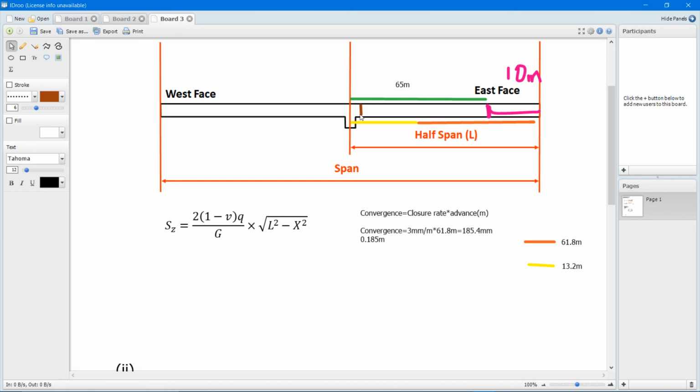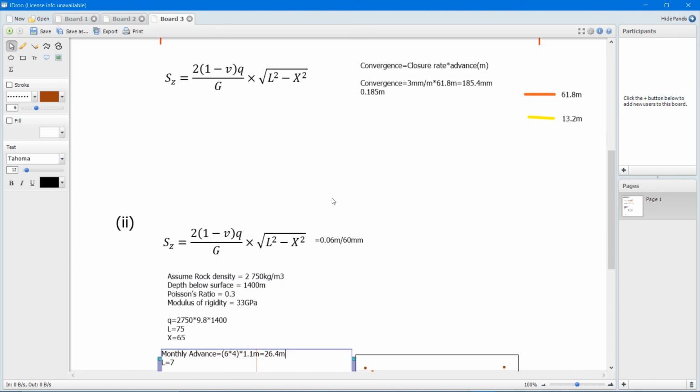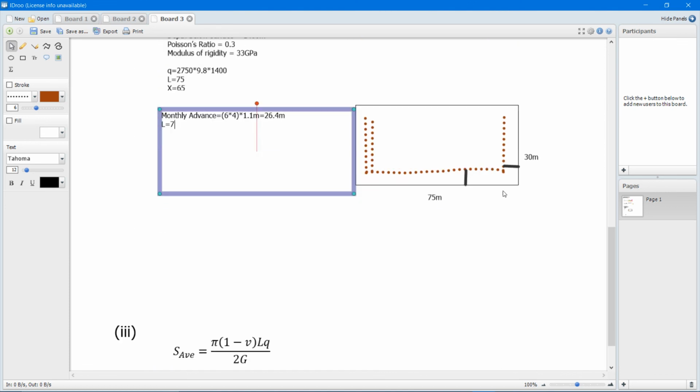So that is just about 2 meters. You can write that assumption down to say L is 73, assuming a 2-meter distance without poles.